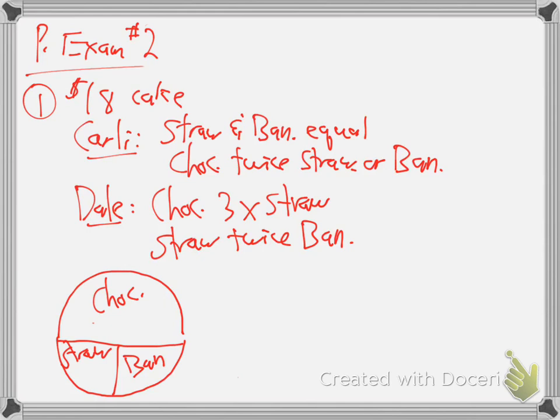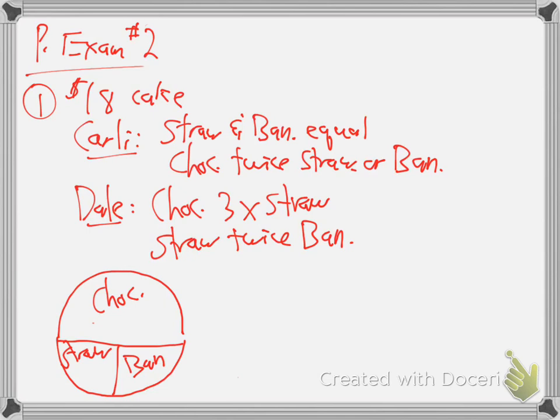So let's do Carly first. What you need is basically a cake according to Carly's value system, and a cake according to Dale's value system, and those will be different. Maybe I should space it out a little better and separate it.